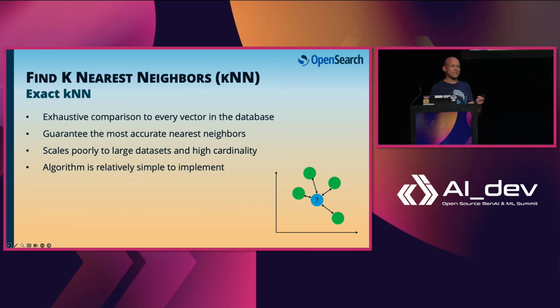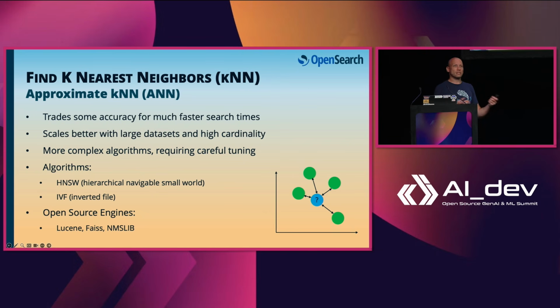So, of course, it guarantees the most accurate result, but on the other hand, it scales poorly to large data sets and to high cardinality for many dimensions. So it makes it impractical for many use cases. And in these use cases, we use approximate KNN, sometimes called ANN, which trades some accuracy for much faster search times. And it scales better, of course.